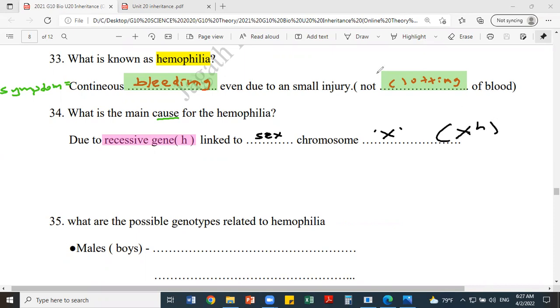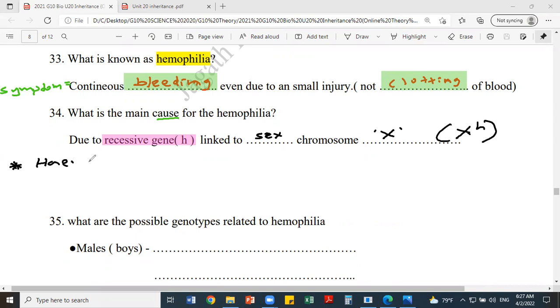Now this disease is present only in males. So put an asterisk. This is very, very important. You have to put an asterisk separately. Hemophilia is present only in males.